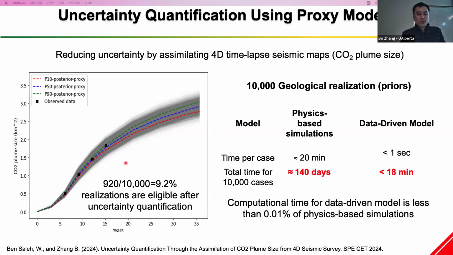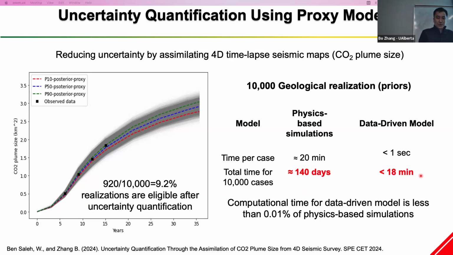If it's non-isothermal, it will take even longer. If we run those 10,000 cases, it will be 140 days. But by using the proxy model, it only takes 80 minutes to have the outputs of those 10,000 geological realizations.